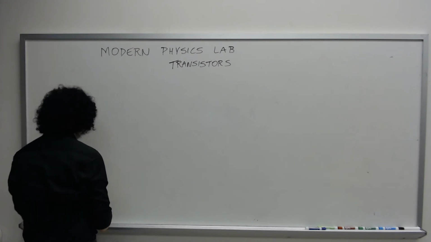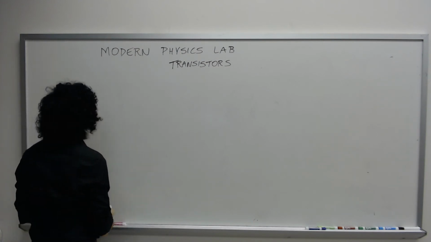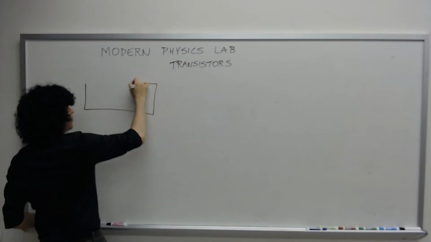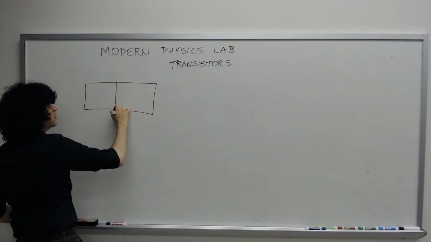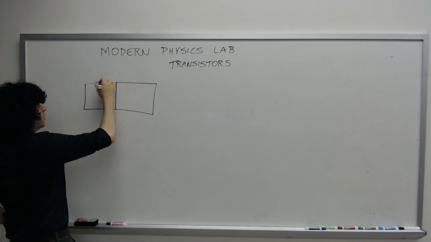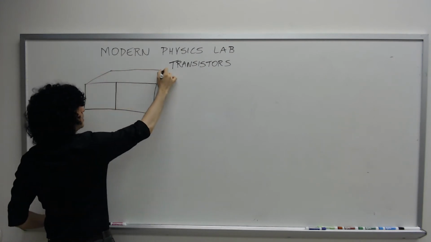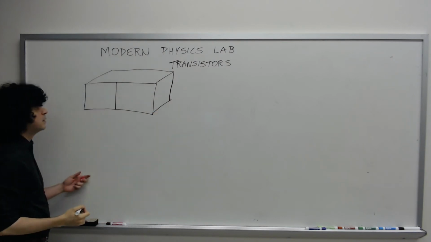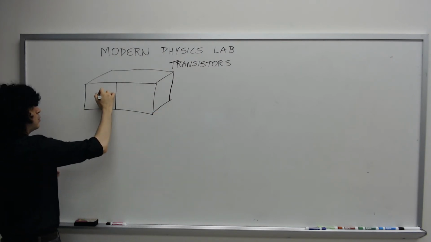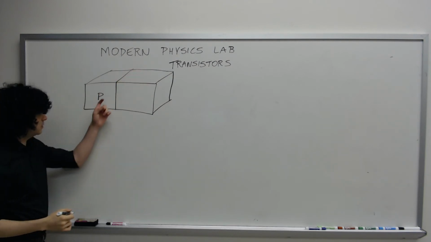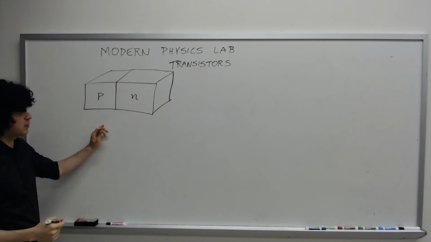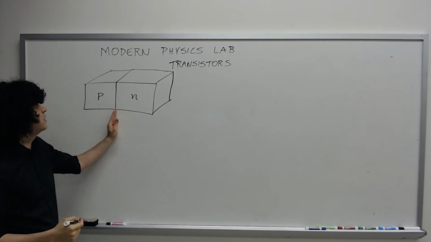So suppose this is a material, let me draw it 3D, where this is a p-doped semiconductor and this is an n-doped semiconductor. And here you have a junction.